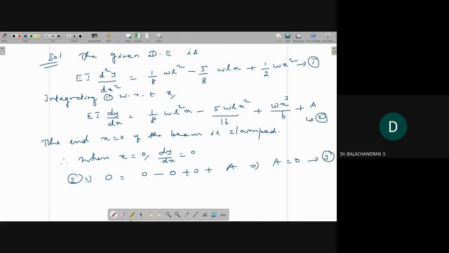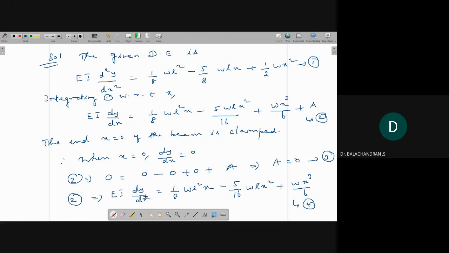So using 3 in 2, you'll get EI dy by dx equal to 1 by 8 omega L square x minus 5 by 16 omega L x square plus omega x cube by 6, a equal to 0. I call this equation 4.